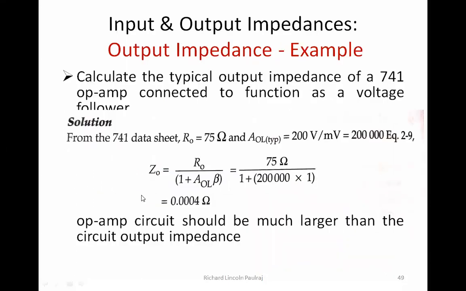We'll see a small problem here and try to understand. Calculate the typical output impedance of a 741 op-amp connected to a function generator as a voltage follower. Which circuit are we referring to, the one without resistances or with resistance?